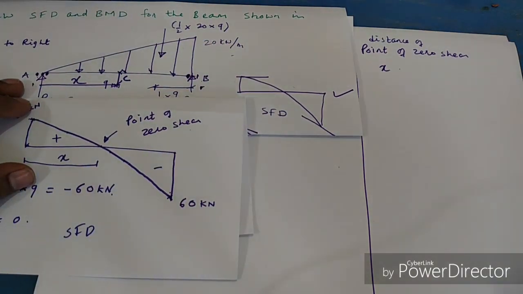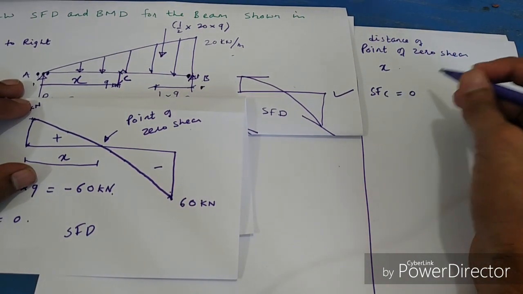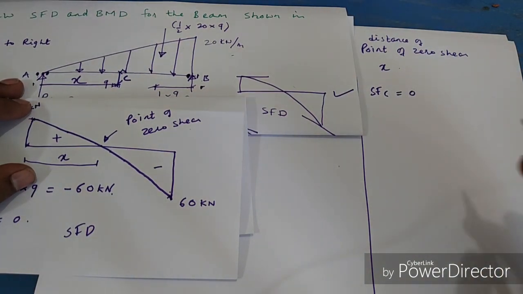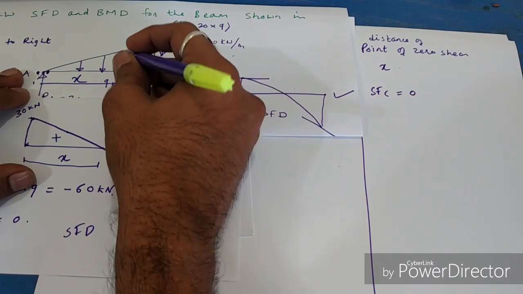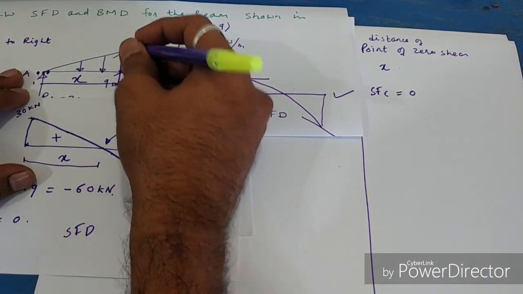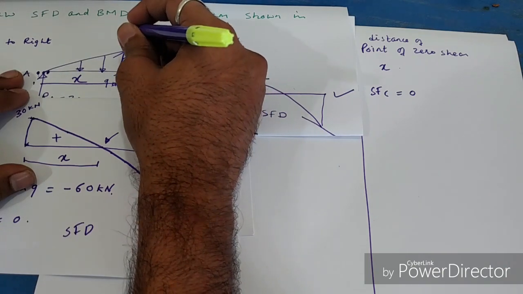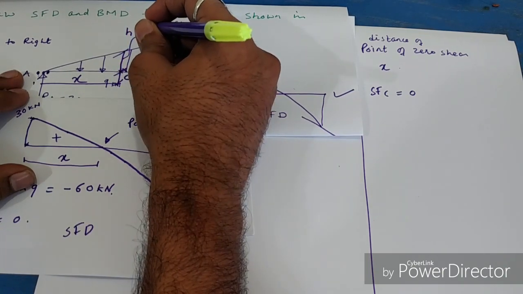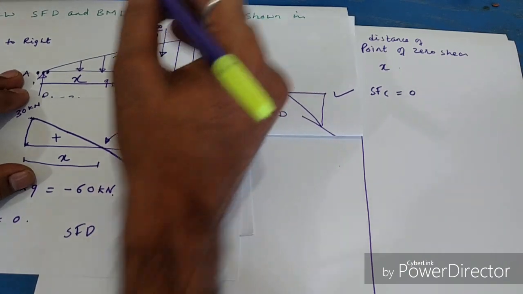We say that shear force at C is equal to 0, because it is the point of zero shear. And we also have to find this height. This height could be written as h equal to x into 20 by 9.